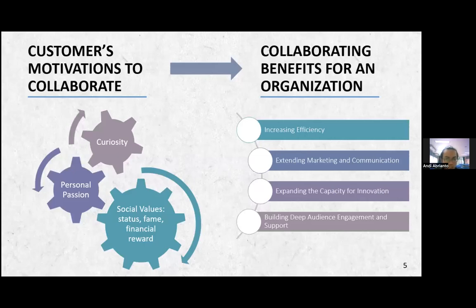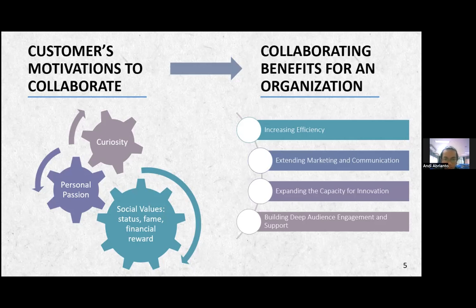Okay, as I explained in the previous slide, collaborative strategy is used to invite customers to help build and drive our enterprise. This can be done by inviting customers to work together on a project or by inviting them to take a piece of the project to work on independently. But customers might participate for a range of motivations. We have to understand this, from curiosity, personal passion, or deeply held social values to a desire for status, fame, or financial rewards.